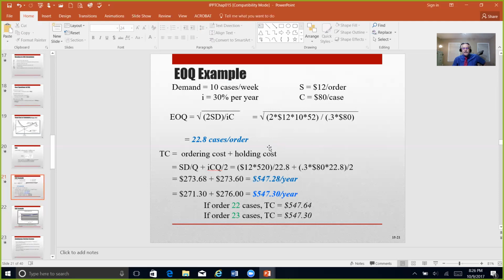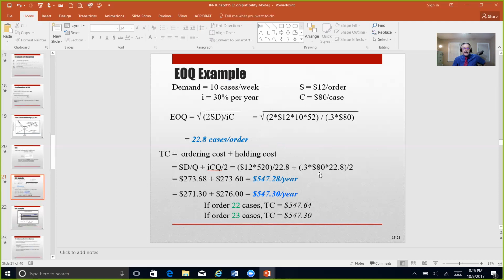Then we have I at 30% per year, which is our carrying rate or our interest rate to carry that inventory. As we can see here, we're using the decimal equivalent of 0.3 times 22.8, which was our EOQ, which gives us $547.28 per year total cost.